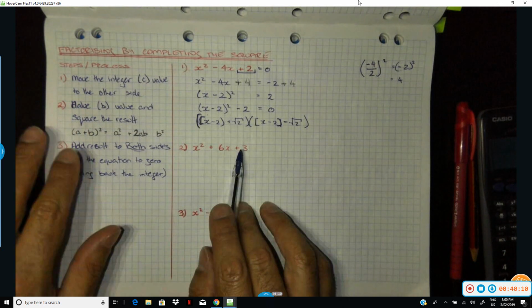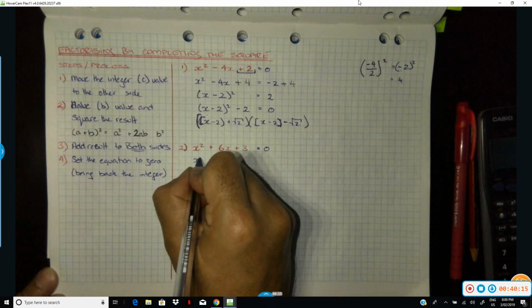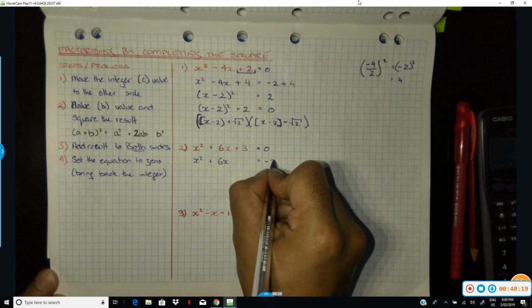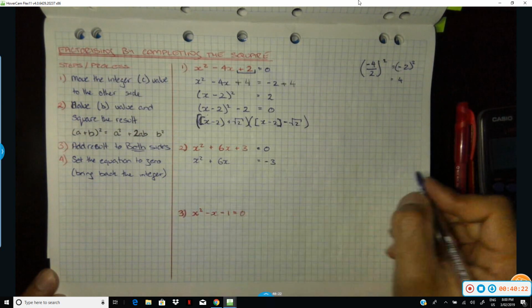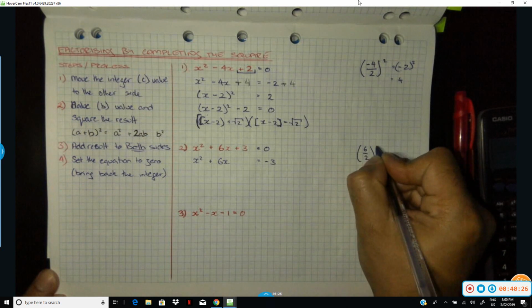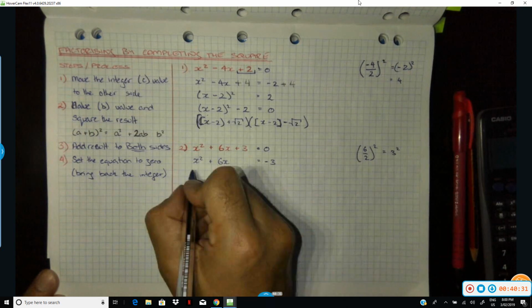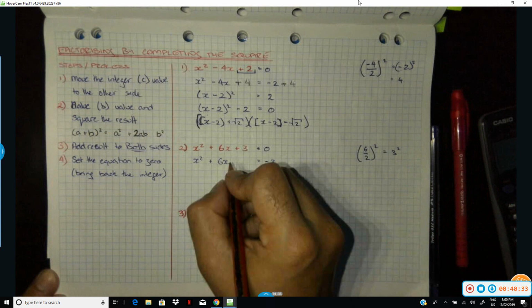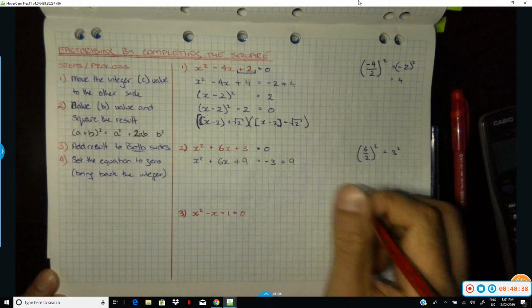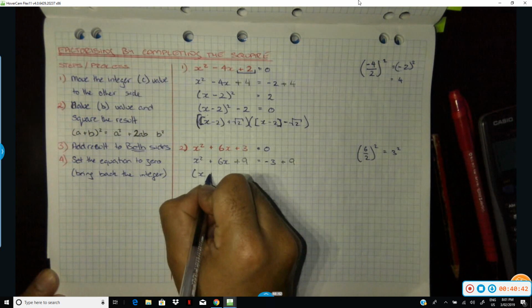Let's follow the steps here. We're going to set it to 0. We're going to move the 3 to the other side. I'm going to halve 6. I'm going to square the result. So that's going to be 3 squared, which is 9. I'm going to add that to both sides. So this is a perfect square, so x plus 3.